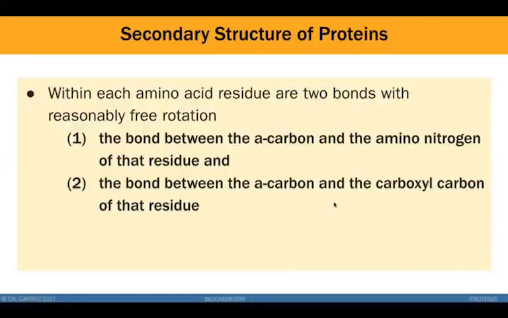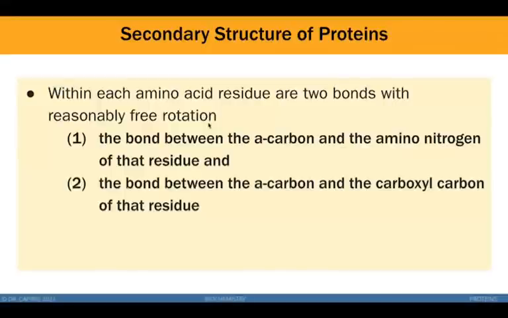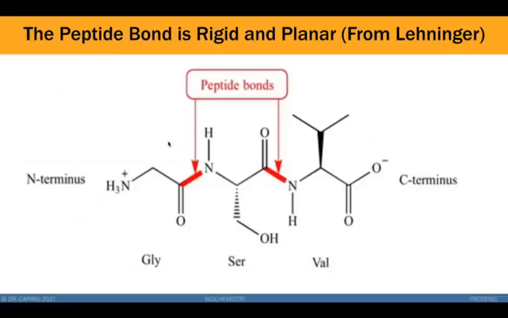So if this is a peptide sequence, and this is the peptide bond, there are two bonds with free rotation, meaning it can twist upon itself. And what are those bonds? These are the nitrogen of the amino group, for example here, and the carbonyl carbon. Okay, what else?